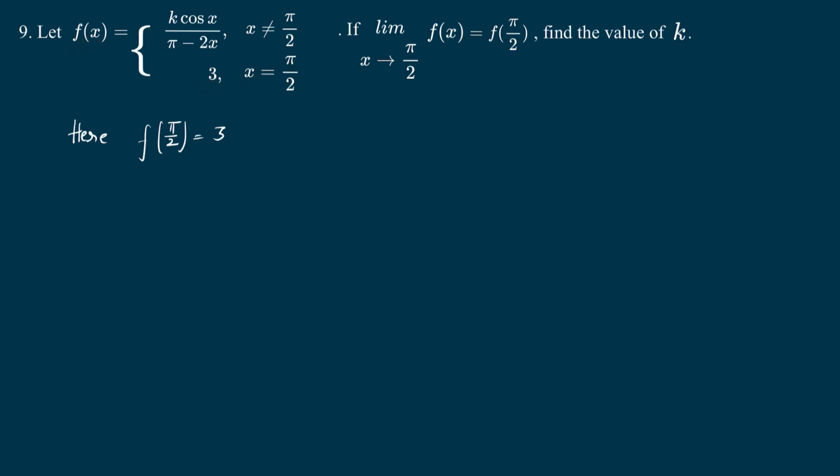See, f of x equals 3 whenever x is pi by 2. Let us mark this equation 1. Okay, now let us find left hand limit and right hand limit, and before doing so, let me draw a number line here and let us mark pi by 2. Okay, so now let us distribute the function also. Now as you see, whenever x is not equal to pi by 2, that time the function is this.